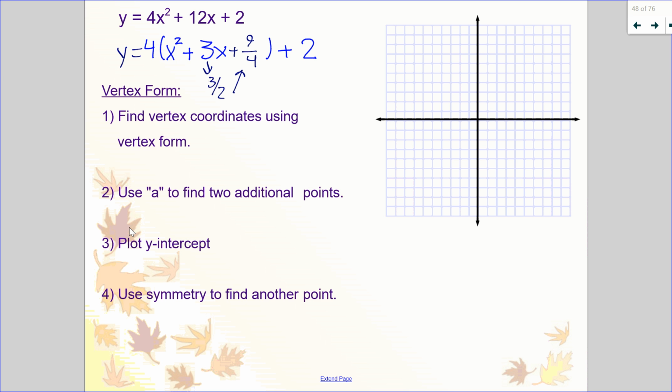Okay. 9/4. And then what did we actually add? So we halved it and then we squared it. Halved it, squared it, but what did I actually add here? 9. Yep. 4 times 9/4 is 9.